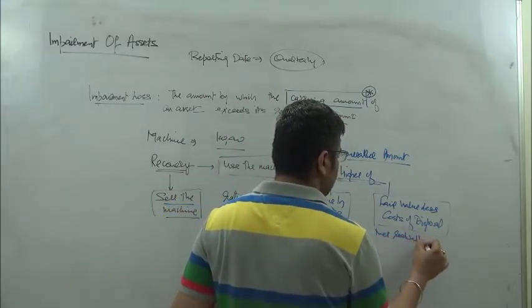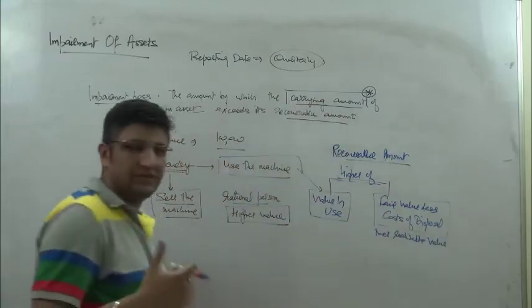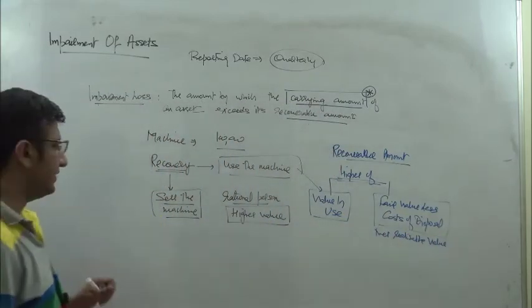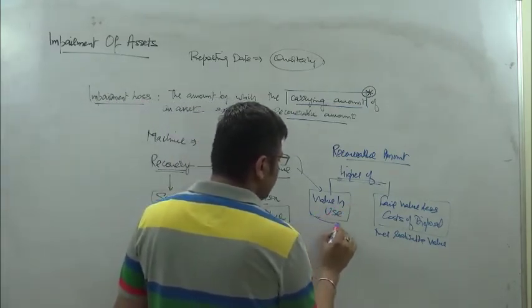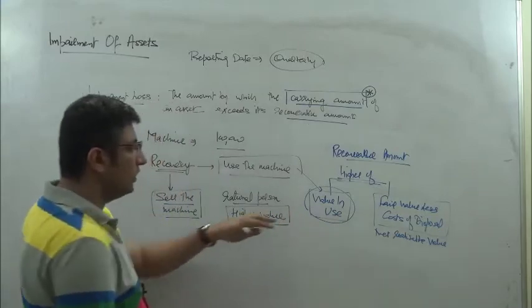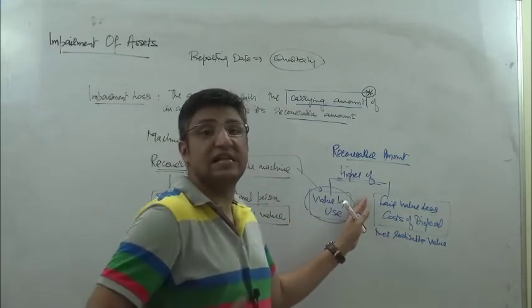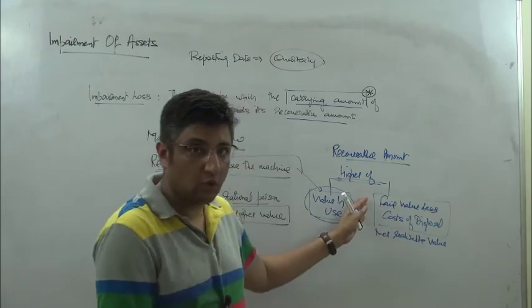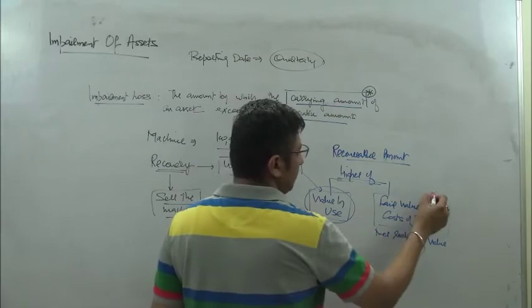Although in this standards context, we don't use the term net realizable value, that is more confined to inventories there. Okay, so if I say I'm gonna use the machine, what is the value I'm going to derive? I would need to compare it if I were to sell this machine outright, if I were to sell this machine right away. So what is the fair value?